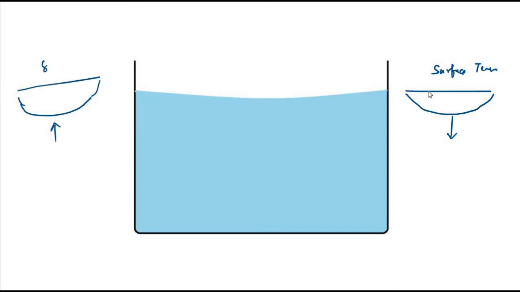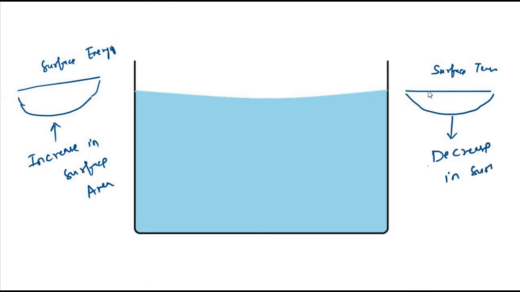This is surface energy, causing an increase in surface area, whereas surface tension causes a decrease in surface area. Surface energy causes an increase in surface area, causing the liquid surface to move upwards.